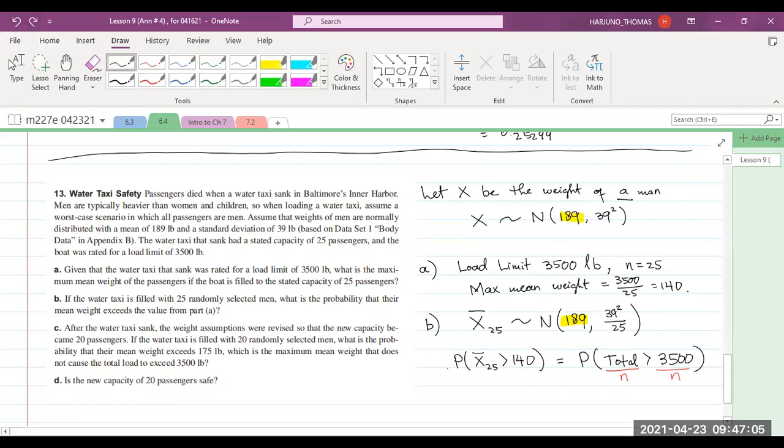Okay, so the probability will be normal CDF, 140, that's the lower bound. Upper bound is E99. The mean is 189. And standard deviation 39 over square root of 25.